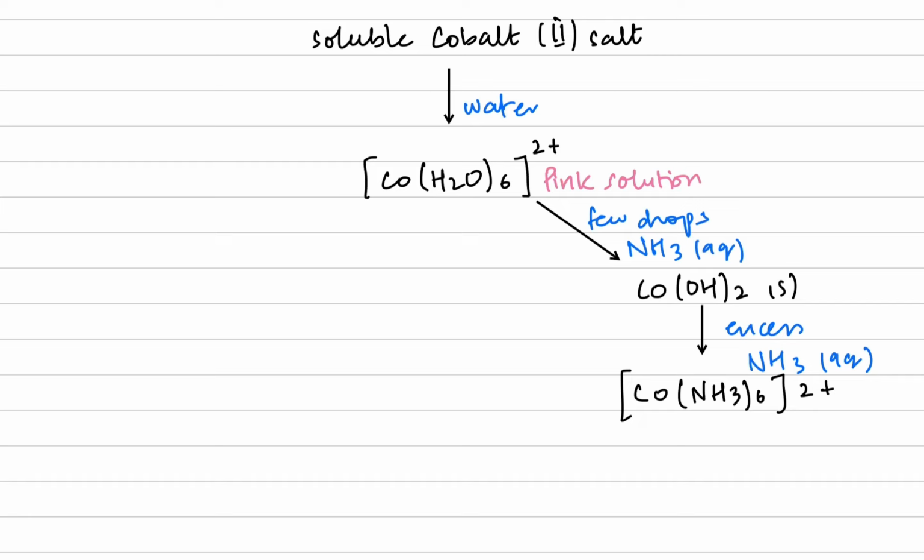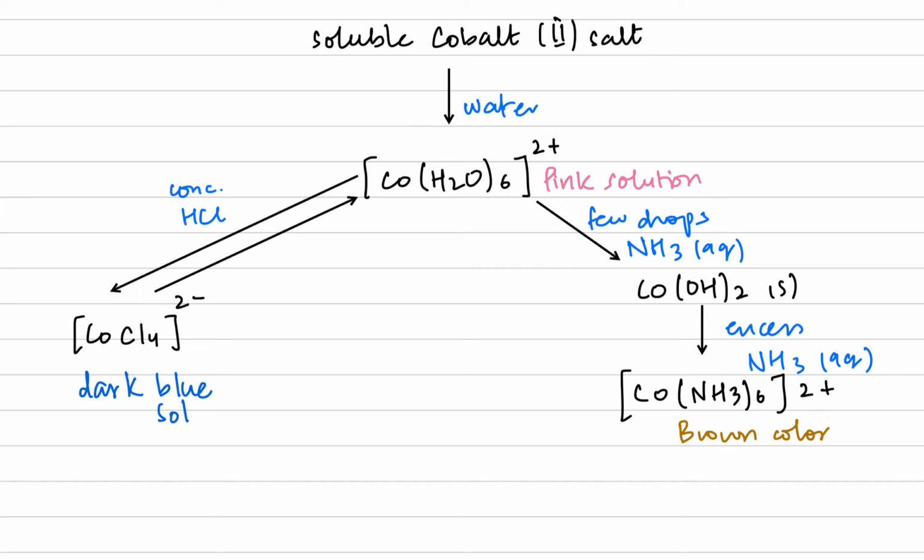Upon adding excess ammonia, you get a brown colored solution where ammonia has substituted water as the ligand, and now the complex contains 6 ammine ligands. In a very similar reaction, if you add concentrated hydrochloric acid, you get a dark blue solution because now the chloride ligand replaces the water ligand.